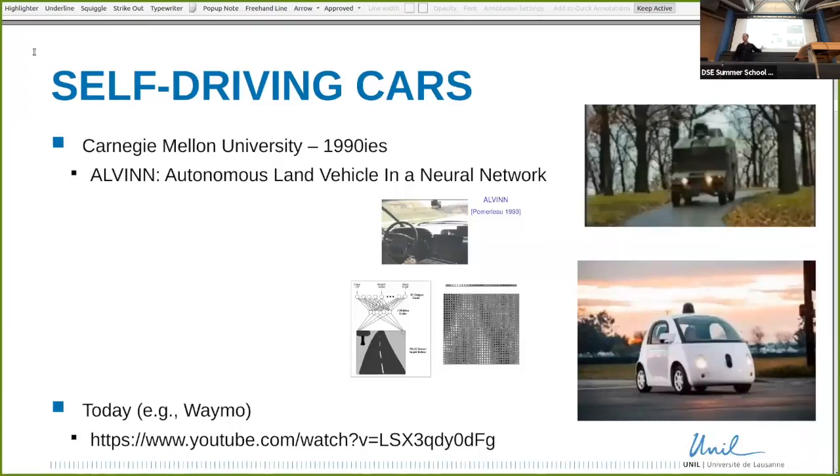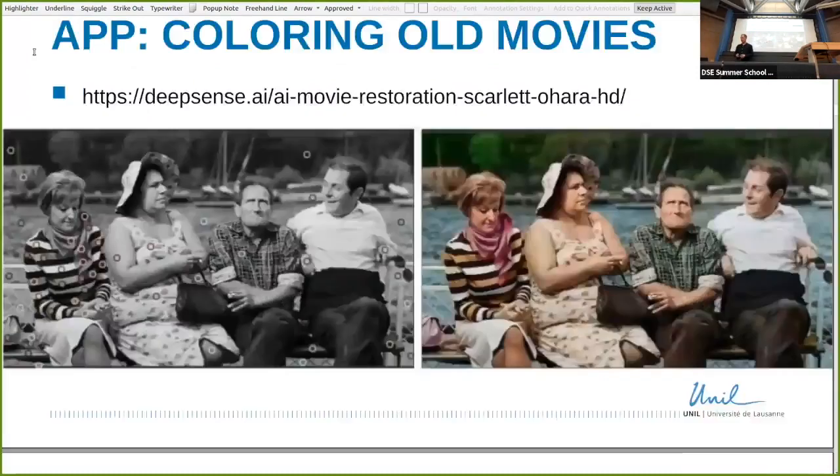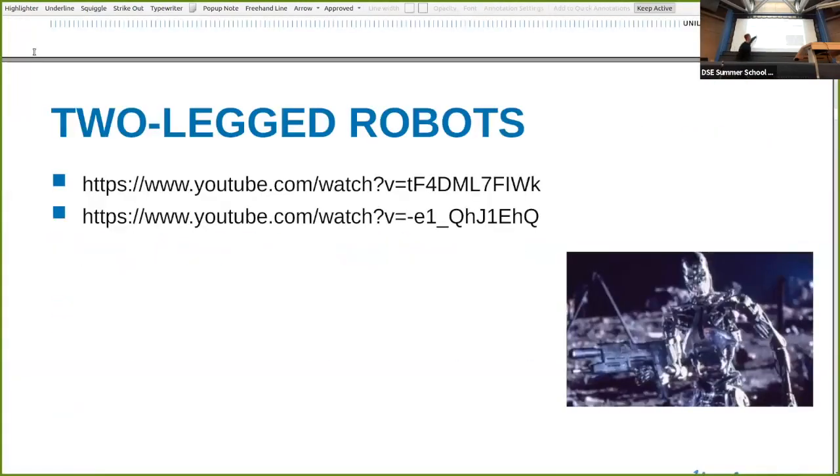Self-driving cars are another area where we are exposed to deep learning. Old bad movies can be colored. That's another application. I put here some videos: if you go to warehouses of Amazon or other places, you now have robots that carry around stuff.